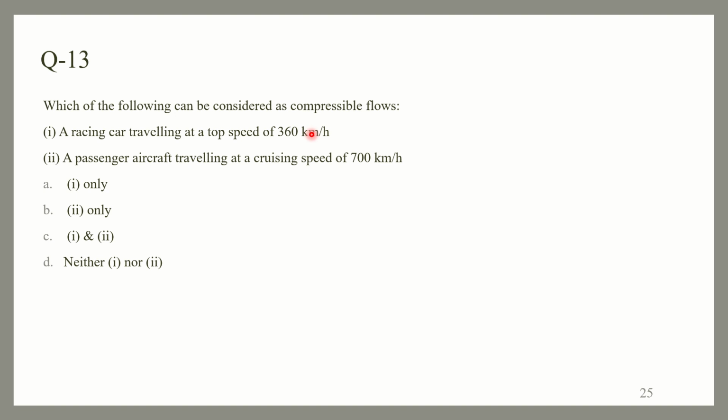That would be so high velocity. And similarly, a passenger aircraft traveling at 700 kilometers per hour. See, both 360 and 700 are very high, so both are actually compressible flows. So answer is C, that is both 1 and 2. So we'll just see how that is.